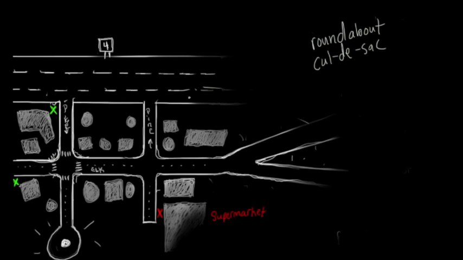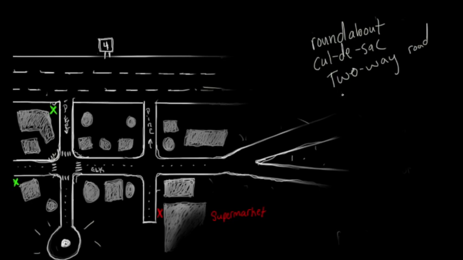Now, when cars can go two ways, cars can go this way and cars can go this way, then we have a two-way road. A two-way road. Cars can go this way and this way, but let's look at this road. We have an arrow that goes this way, so cars can only go this way, and cars on this road can only go this way.